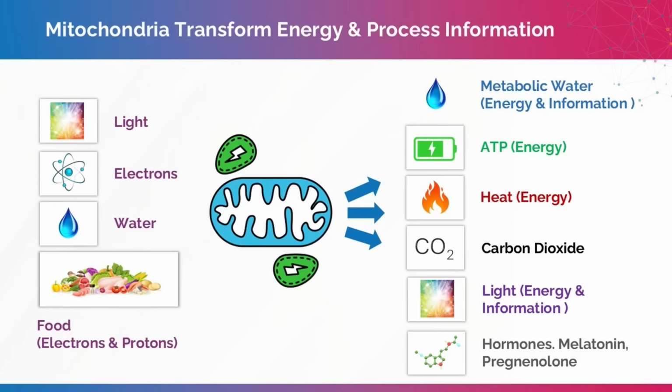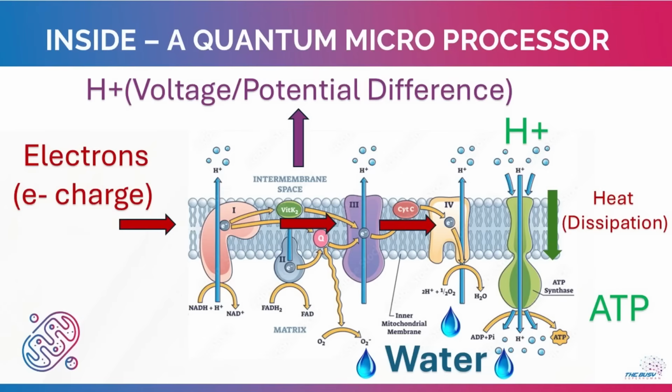So we'll go inside a quantum microprocessor. For this picture here, if you're just listening, I'll try and describe it. In the inner membrane space in the mitochondria, we have a lipid bilayer, and within that, there are embedded 5 proteins or 5 structures. What's important about these is they are things like cytochromes, or they contain iron clusters, which means they can participate in redox reactions.